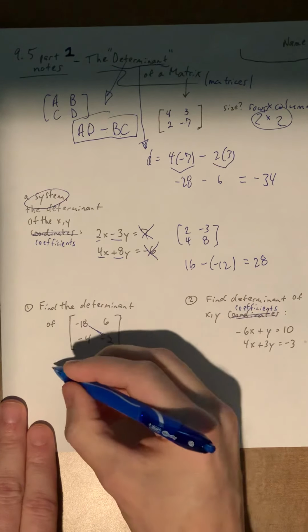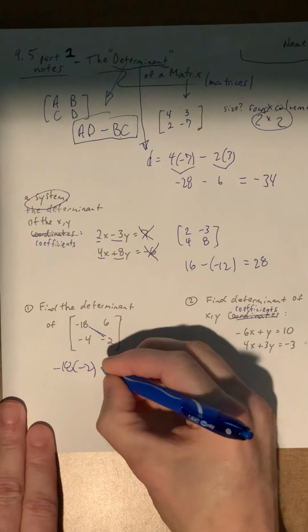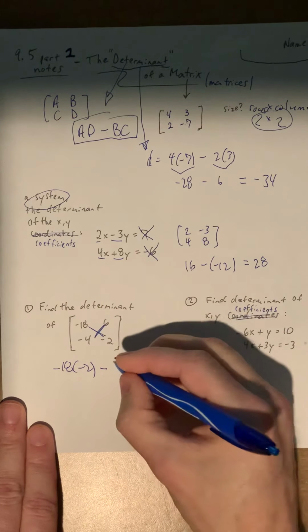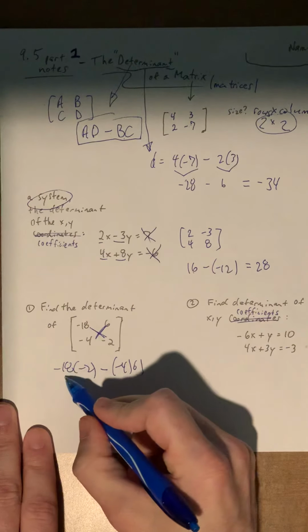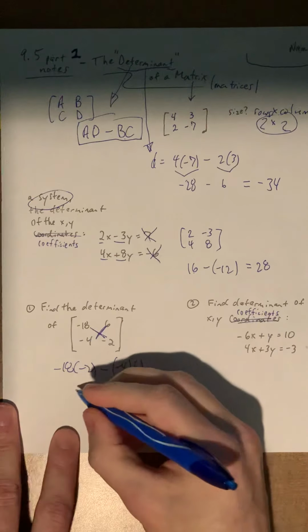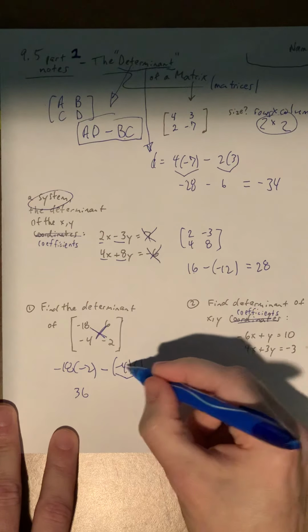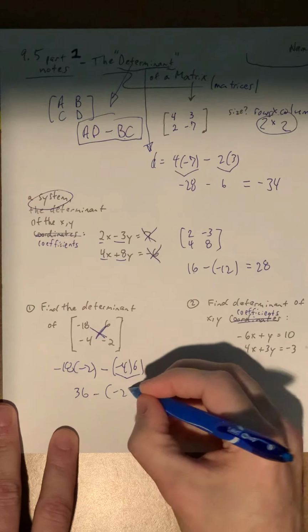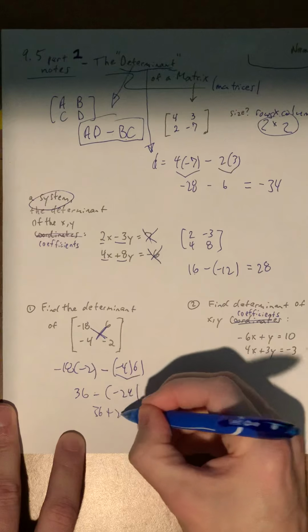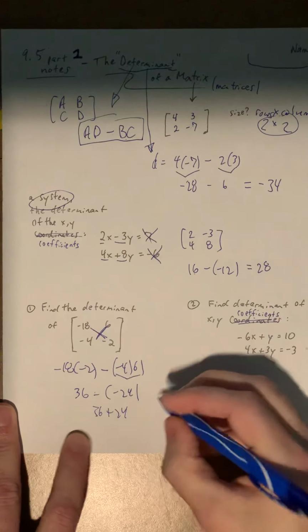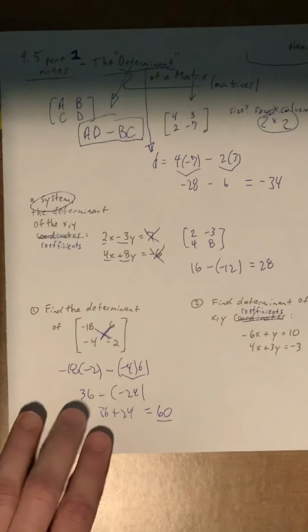A times D, so -18 times -2, and then subtract B times C, -4 times 6. Now, this gives you positive 36, and this is -24, and you're subtracting -24, so this is really like 36 plus 24, and you're getting what, 50? No, 60. So that's your determinant, okay?